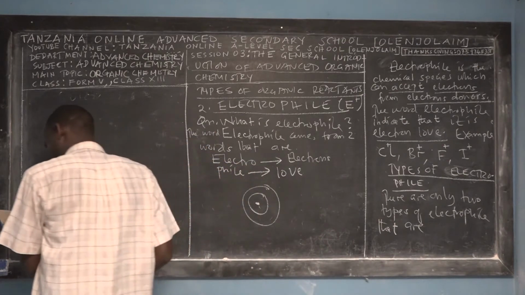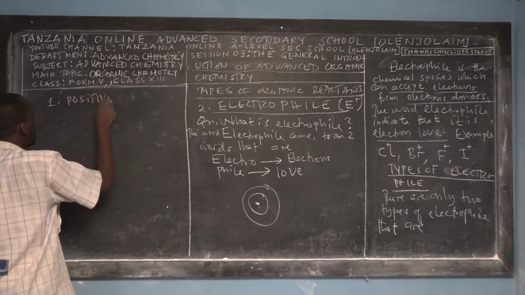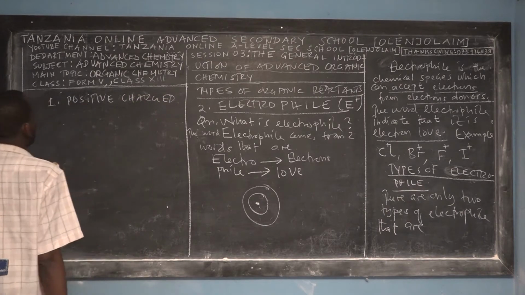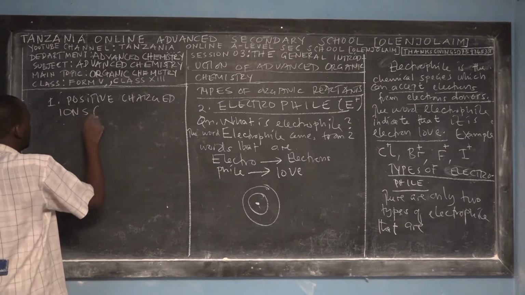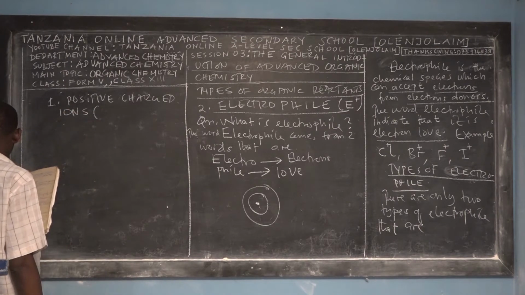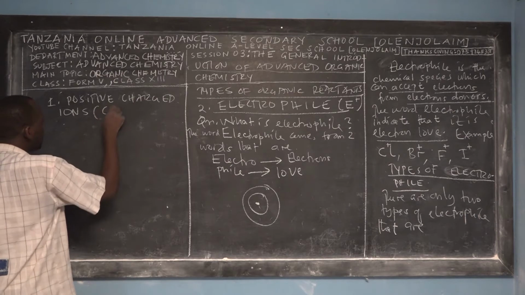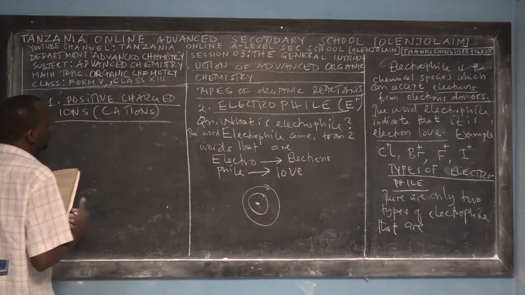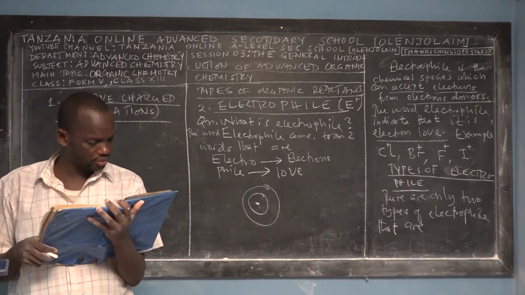The first type we call the positively charged ions, or cations.